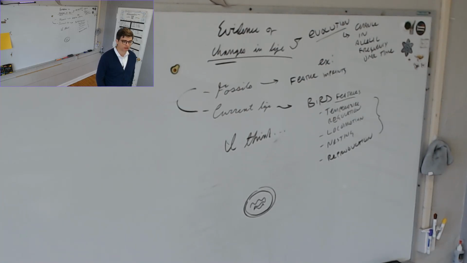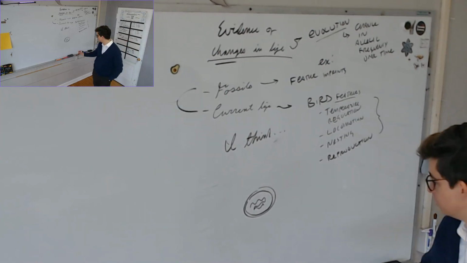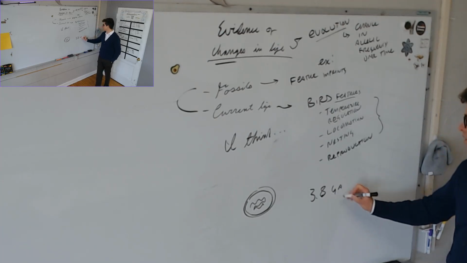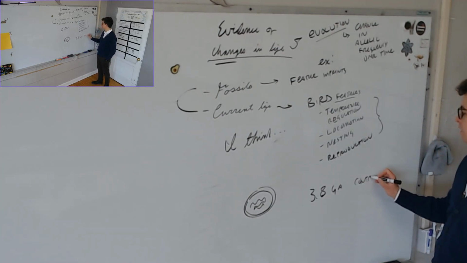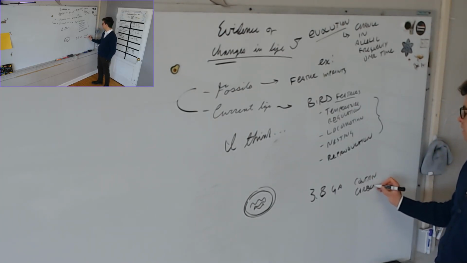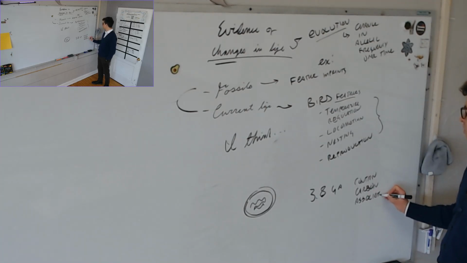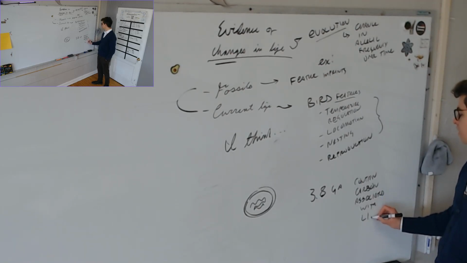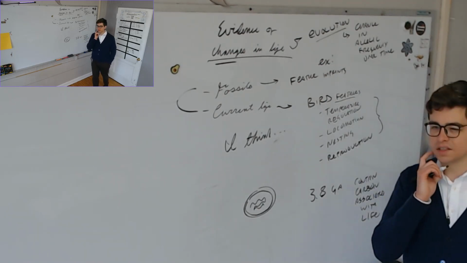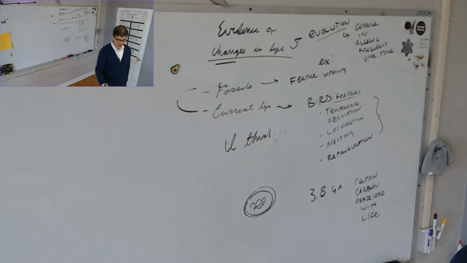The rocks that we have dated to 3.8 billion years ago contain carbon associated with life. We wouldn't say for sure that life developed at this time, but that ratio of carbon in those early rocks tells us we can infer that life may have existed at that time.